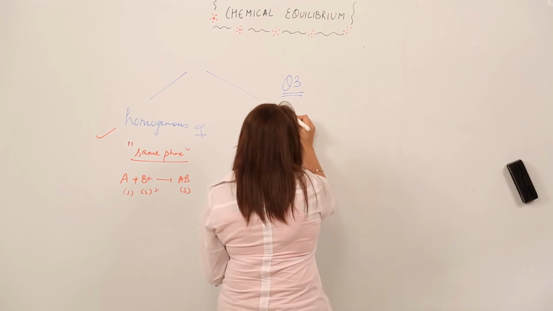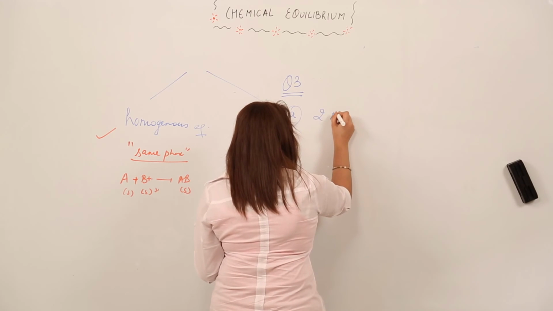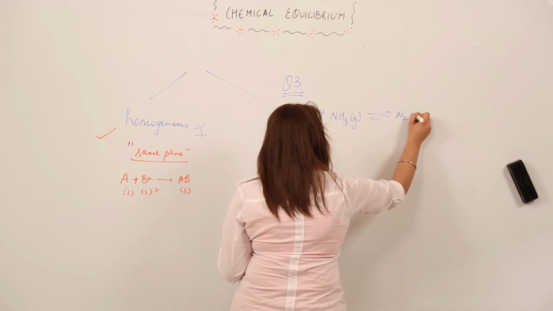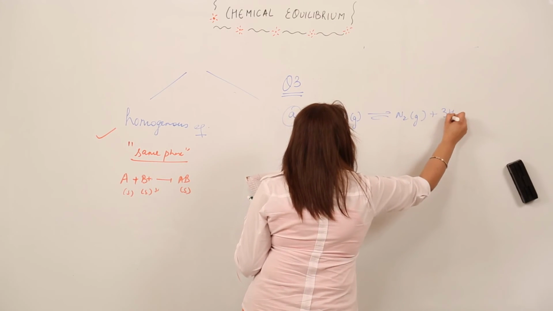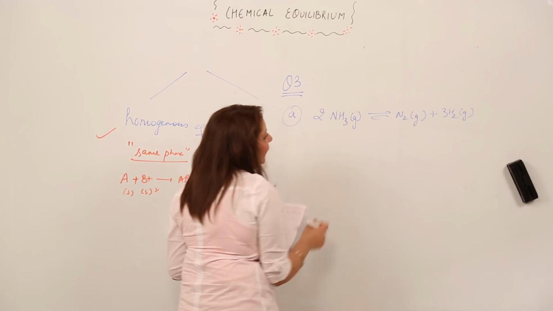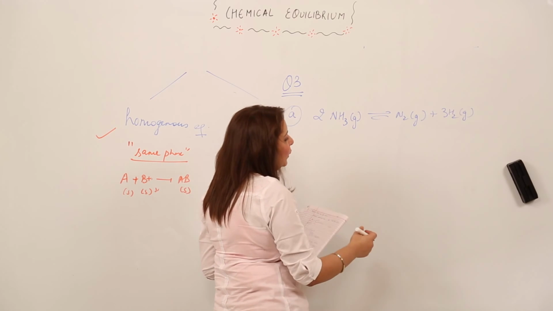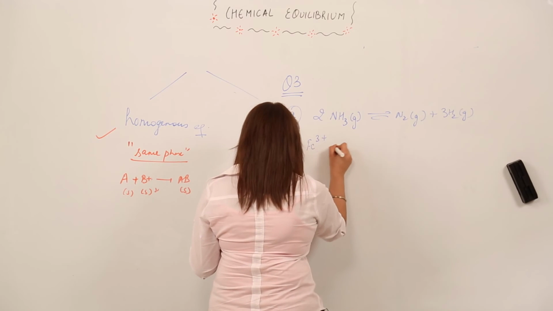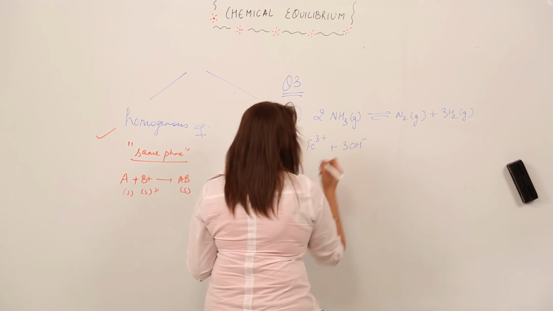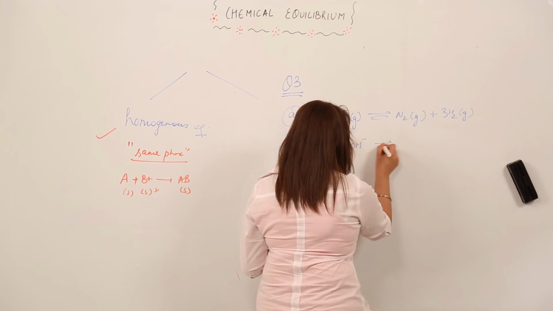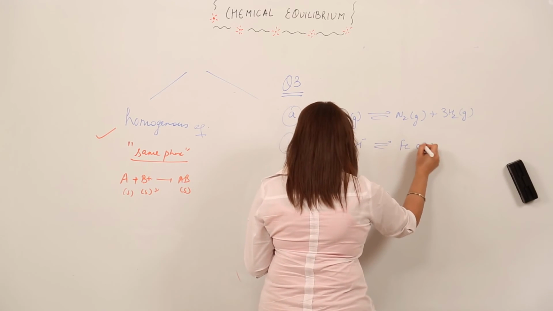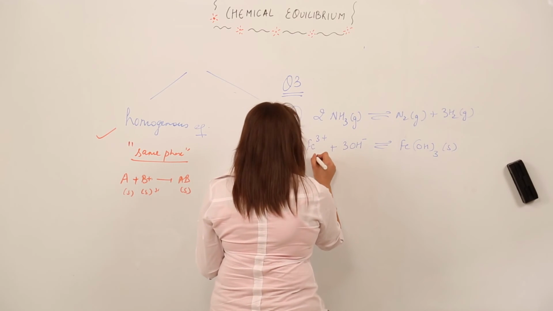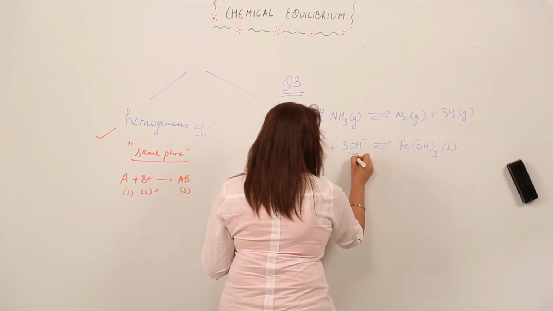So we have a reaction: 2NH3 gaseous form, N2 plus 3H2 again in gaseous form, right. The second equation we have is Fe3+ plus 3OH- forms Fe(OH)3 in solid form, right, and these are present in aqueous state.